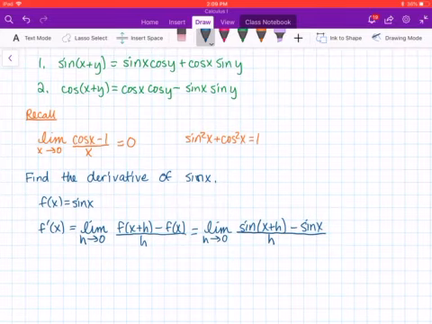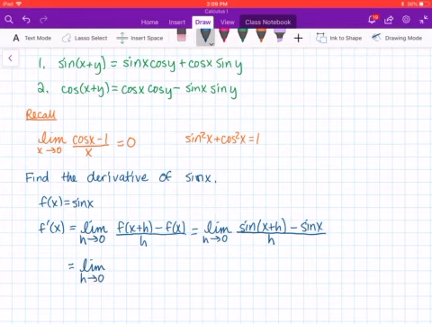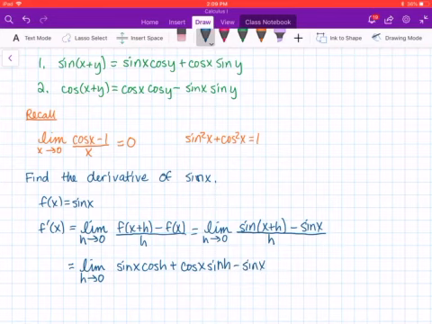Now we're going to use that first property that we recalled here to replace that sine of x plus h. So whenever I see a y, I'm just going to write h. So we have that equals sine x cosine h plus cosine x sine h minus sine x over h.